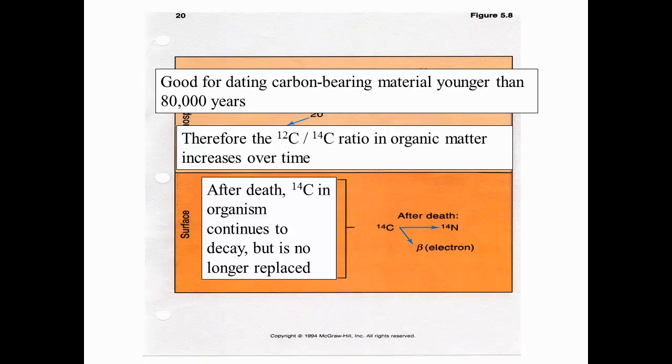The problem is that carbon-14 dating is only useful for carbon-bearing materials younger than about 80,000 years. What happens in material that is older than 80,000 years? Why can't we use this method anymore?